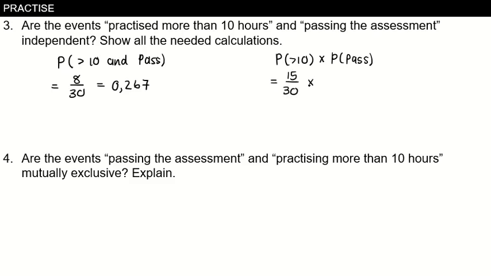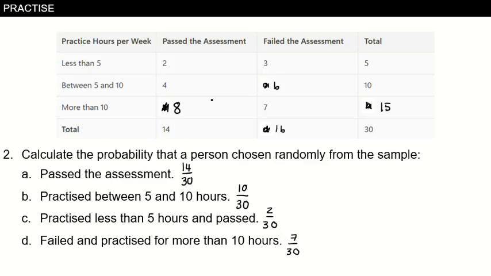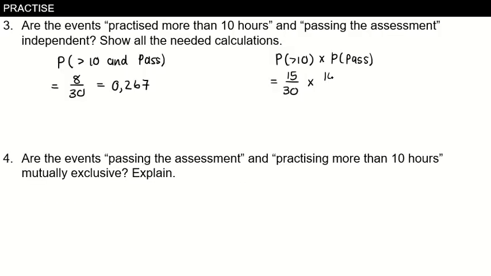So 15/30, and we multiply this with the people that passed the assignment, which is 14/30. Calculating that, we get 0.233. There's a major difference in these decimals, so not independent.